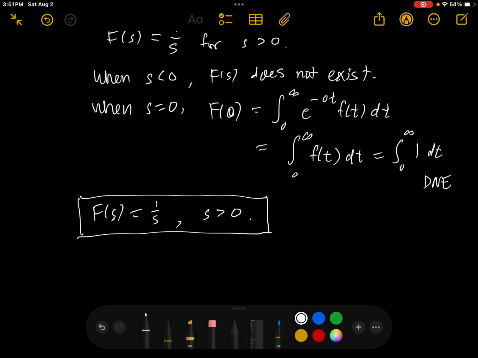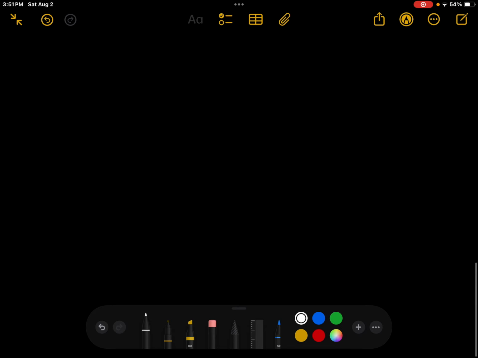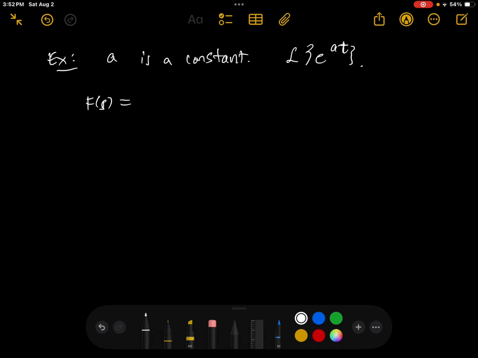Okay, so that was the Laplace transform of the constant function 1. Let's do another example. Where a is a constant, what's the Laplace transform of e to the at? Well, again, we're going to use the definition.